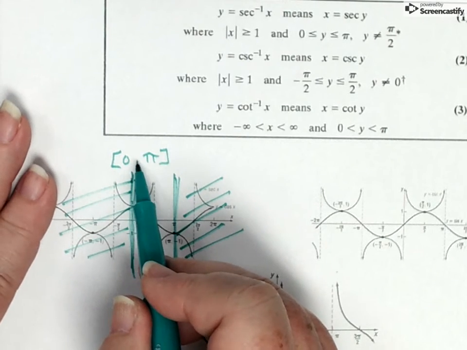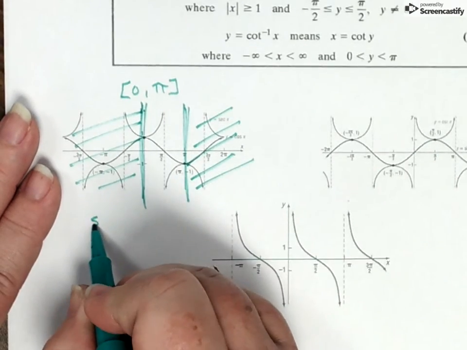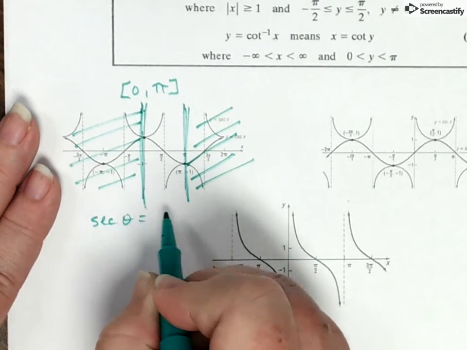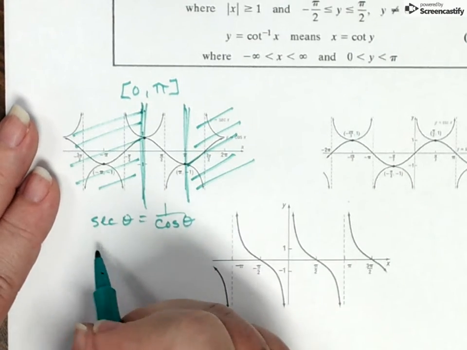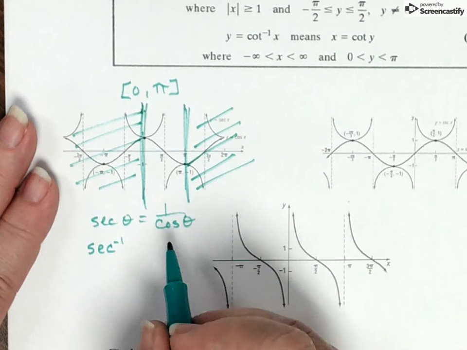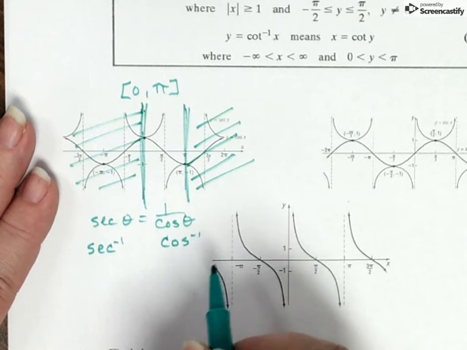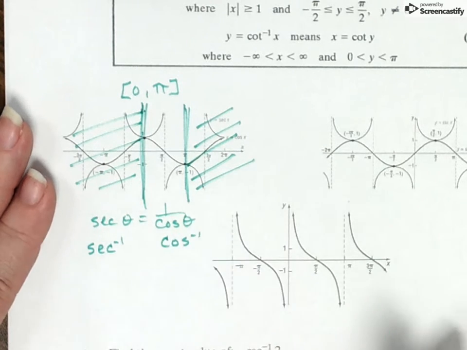What else did we use from 0 to pi? Cosine. Well, that makes sense because secant of theta is equal to 1 over cosine of theta, and the secant inverse is related to the cosine inverse as well, just a little differently than you think. We'll come back to that in a minute.